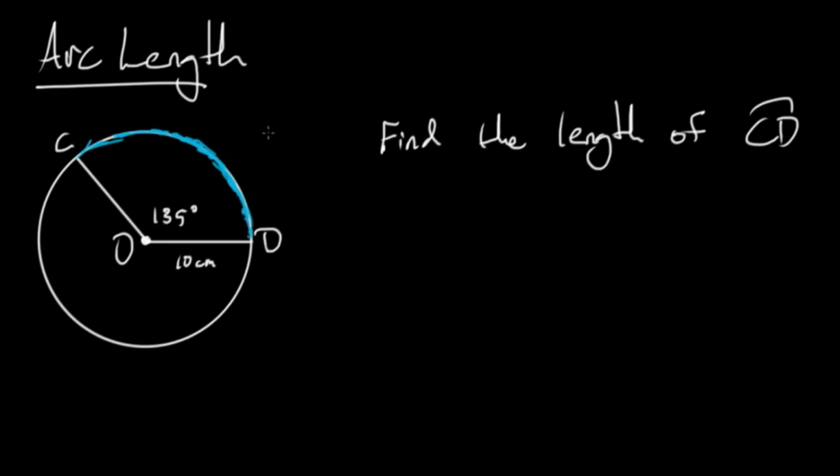And it's actually quite a simple task because conveniently, the ratio of the angle that spans this arc and the total angle in a circle, 360, the ratio between those two numbers, 135 and 360, is going to be the same ratio of this length.